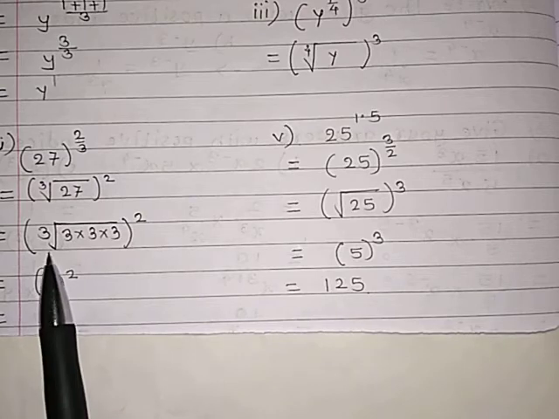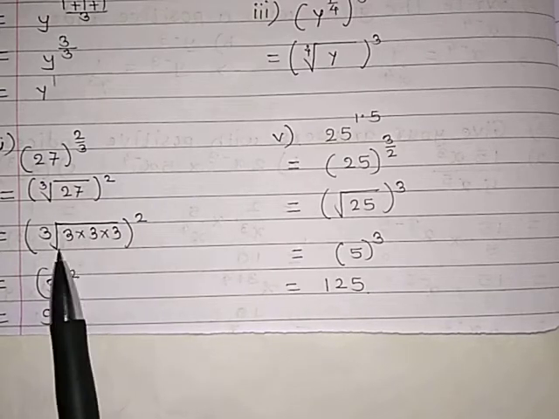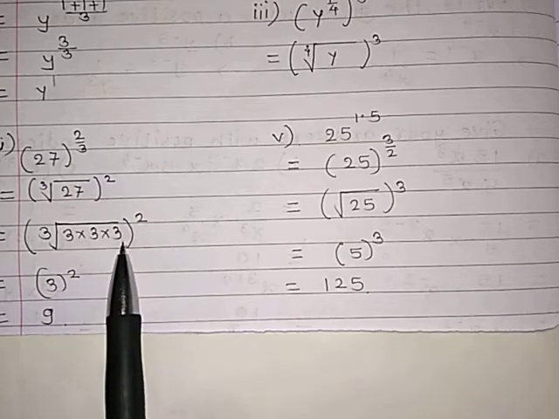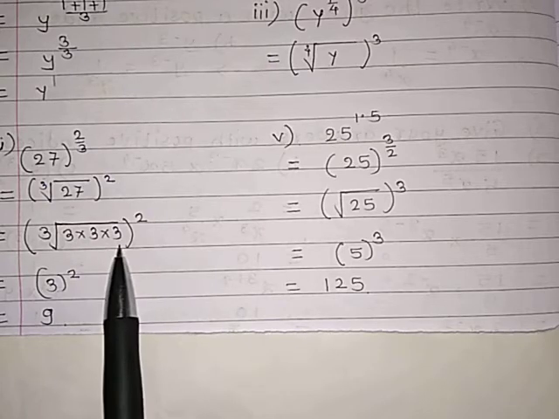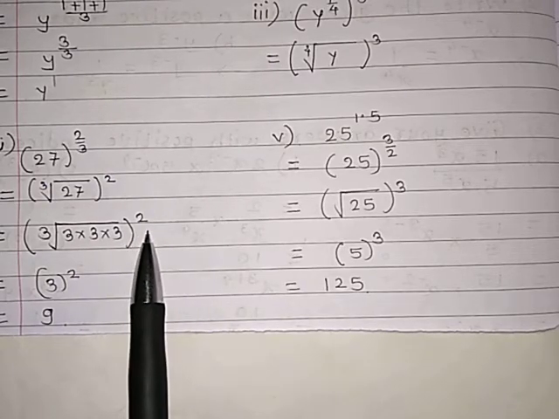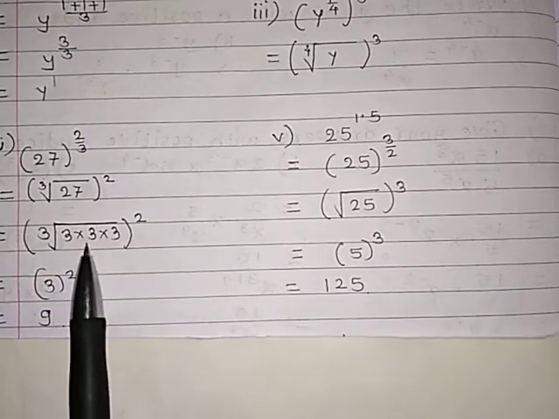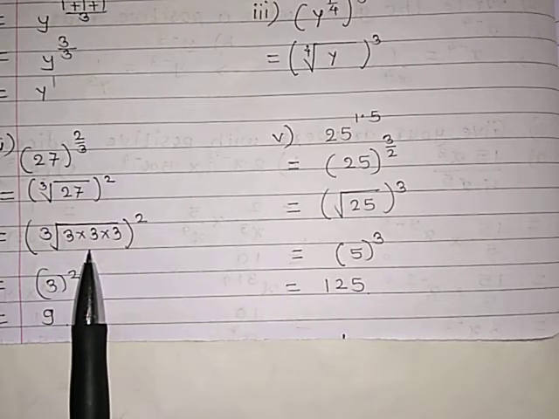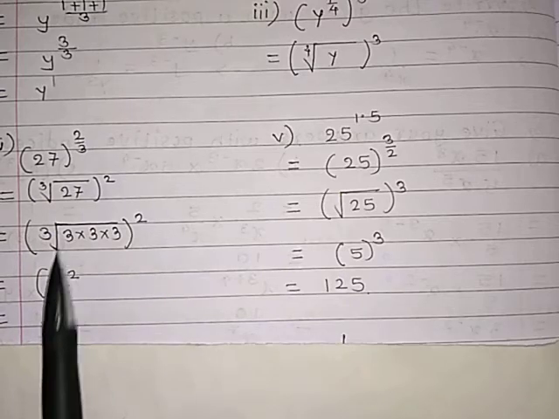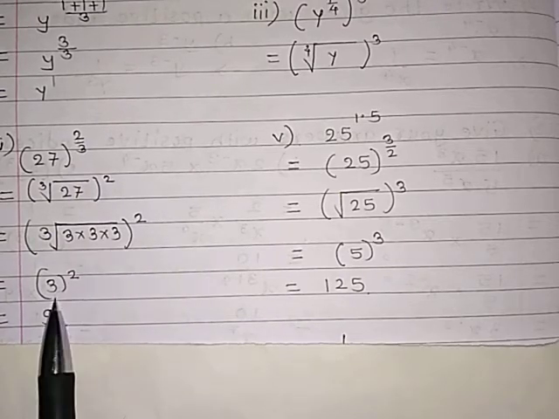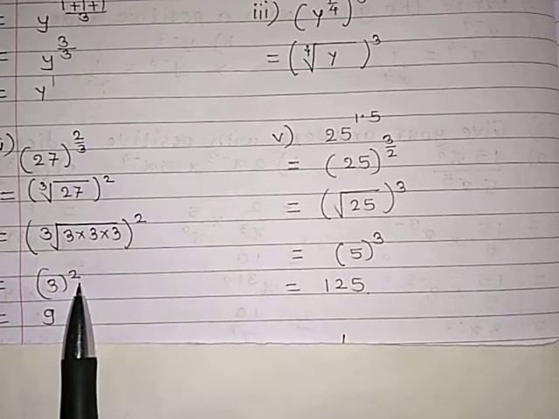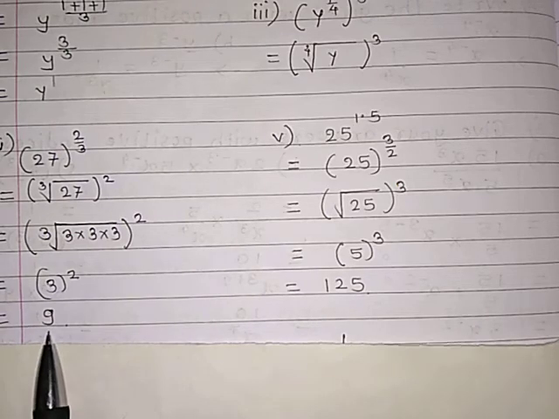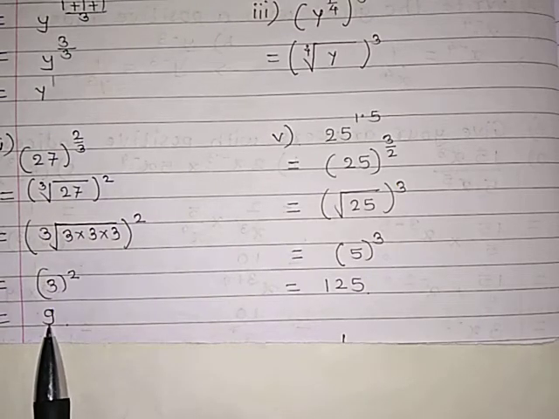Cube root of 3 into 3 into 3, since 27 is written as 3 into 3 into 3, and bracket raised to 2. So the cube root of 27 is 3. So we can write this as 3 bracket square, and the answer will be 9.